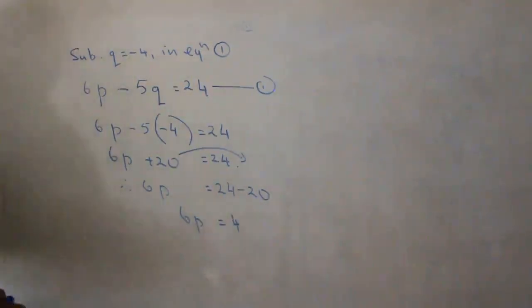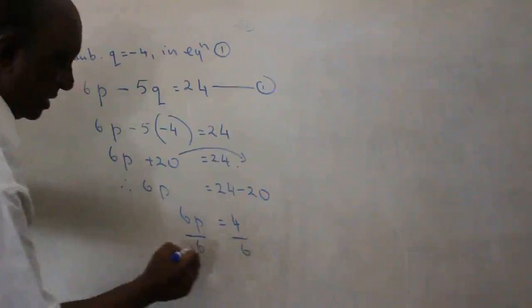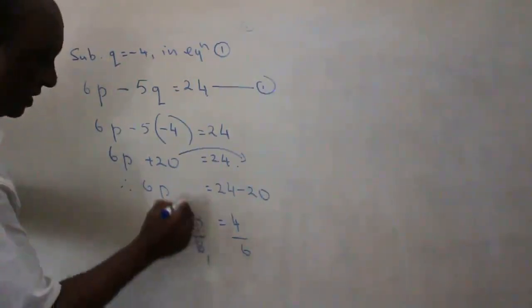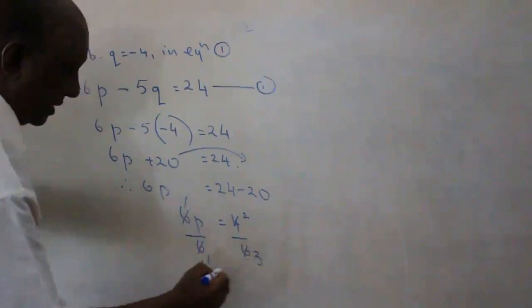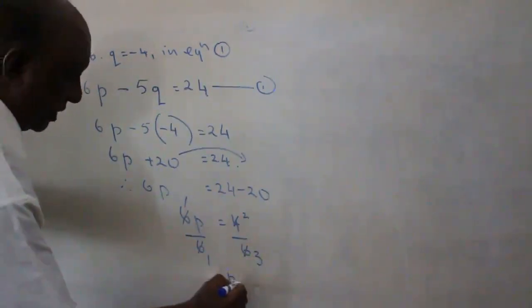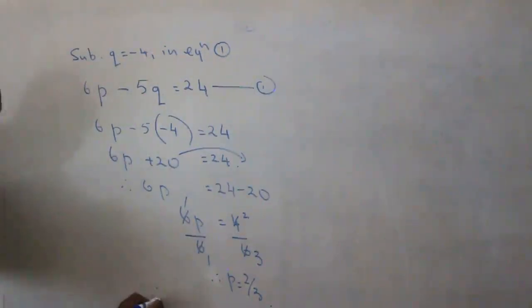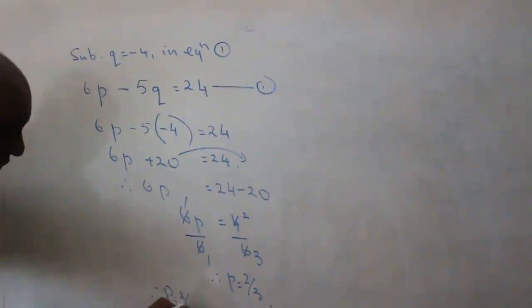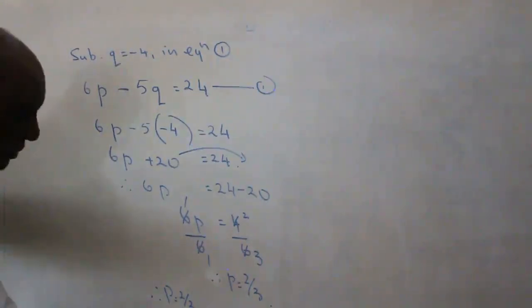To get p, divide both sides by 6. This will cancel off 1, 1. 2 times 2, 2 times 3. Therefore, p will be equal to 2 over 3. Therefore, p is equal to 2 over 3. Q is equal to minus 4.